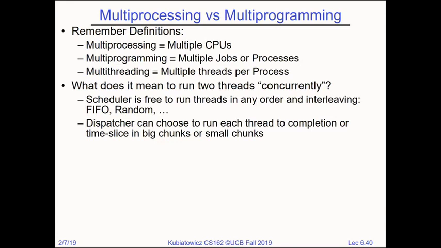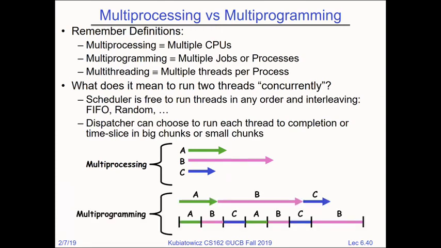And the dispatcher can choose to run each thread to completion or in time slices, whatever. Here's multiprocessing, where A, B, and C all run actually simultaneously. Here's multiprogramming, where A, B, C could be run sequentially. They could be interleaved, whatever. All of these are instances where you've got to think carefully.